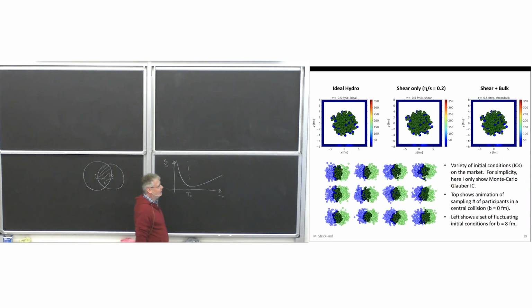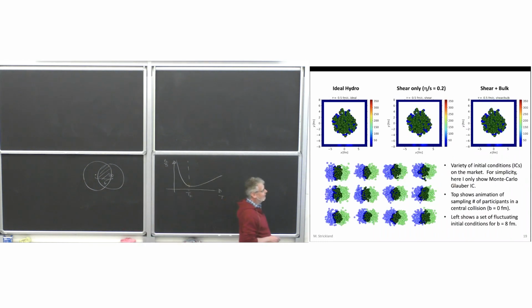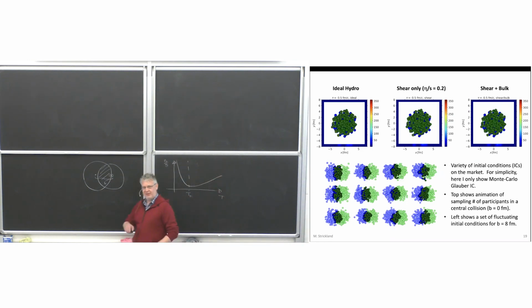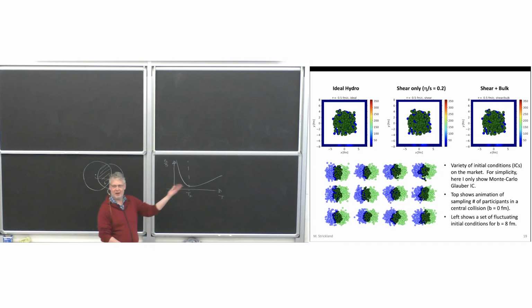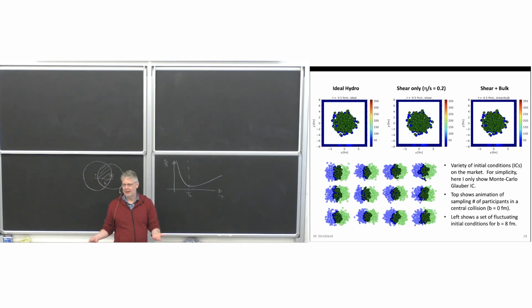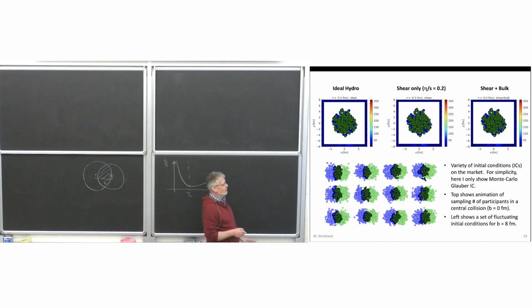All right, so how do we see that there may be some non-equilibrium deviations going on? By just examining the output of the codes, right? We run the code, it describes the data, and we're like, okay, now let's look inside the code and figure out what's going on. So I'm going to show you some slides that have lots of fluctuating initial conditions. I wanted to show you what a fluctuating initial condition looks like.